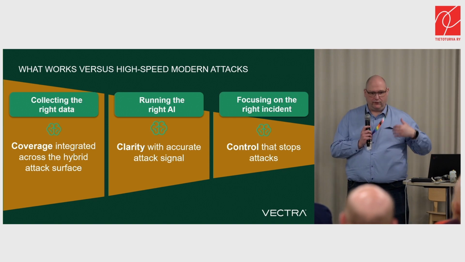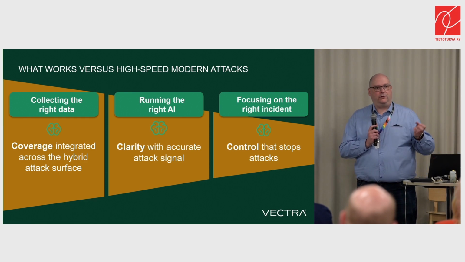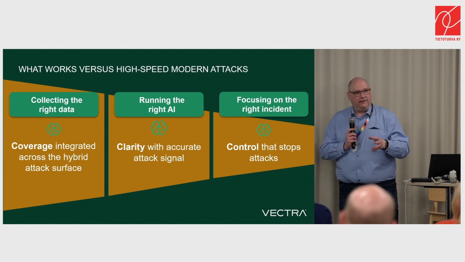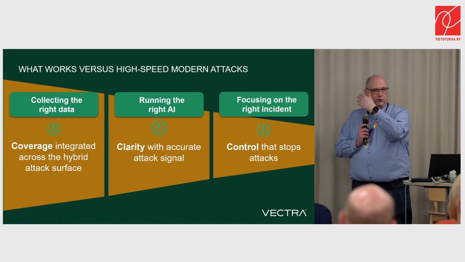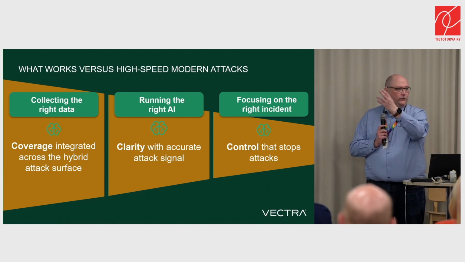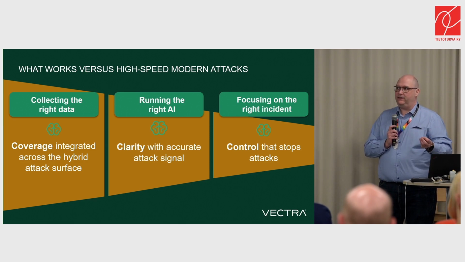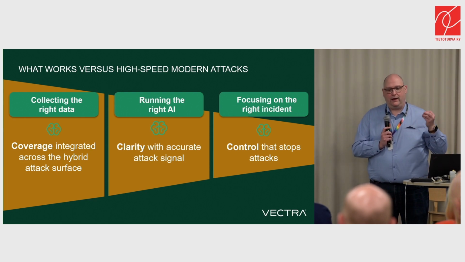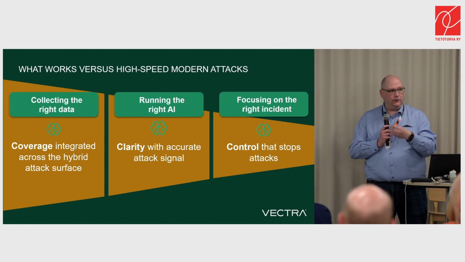We build baselines and knowledge about each machine and each identity on the network, but also connect that into the hybrid environments, about what we do across the hybrid environments with the identities. That means we need very specific AI for every specific type of task that we're trying to detect.